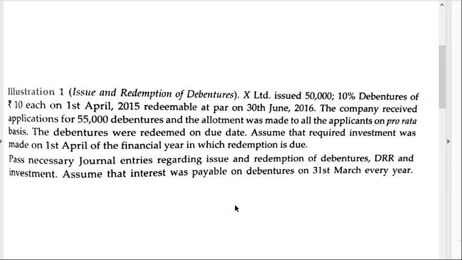What is the due date? 30th of June 2016. Assume that required investment was made on 1st April of the financial year in which redemption is due. Pass necessary journal entries regarding issue and redemption of debentures, DRR, and investment. Assume that interest was payable on debentures on 31st of March every year.